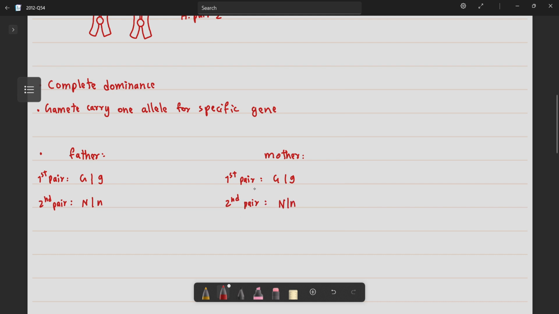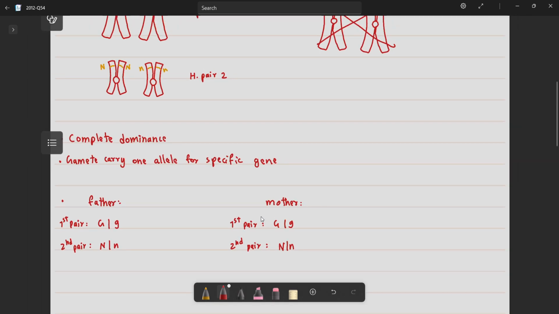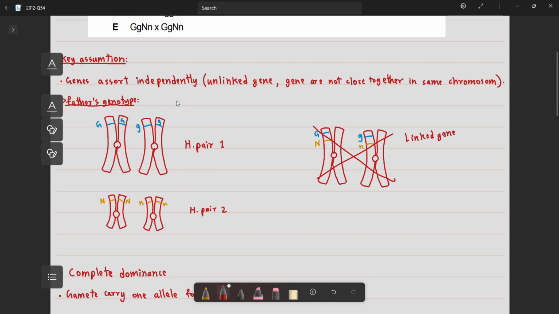But you can change this. It's not necessary that the first pair must be the G genes. You can also write the N gene in the first pair, it doesn't matter. I've set my parameters like this, but it's your choice. But if you set parameters like that, it must be the same for the entire process, or else it might go wrong. Now this is what we must assume: genes assort independently and the genes are unlinked.